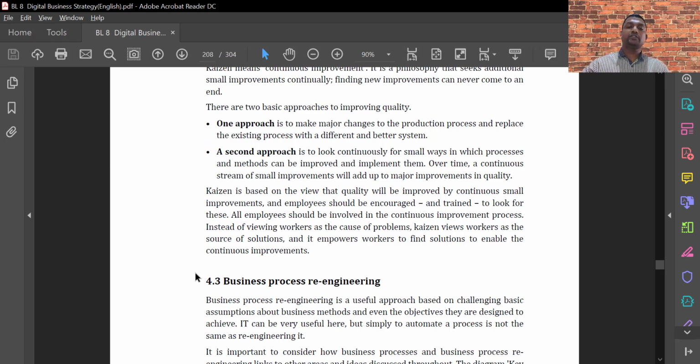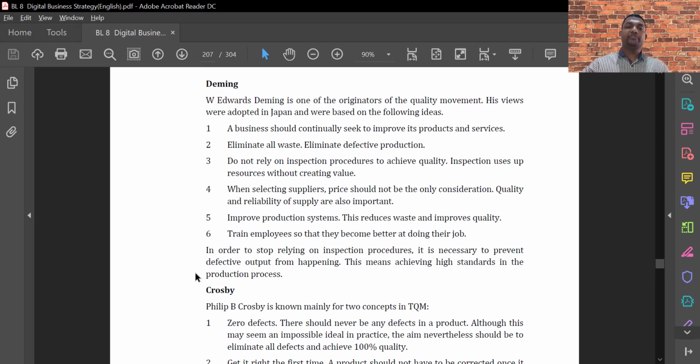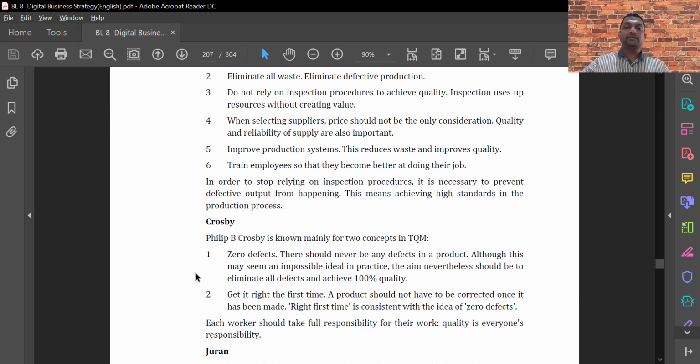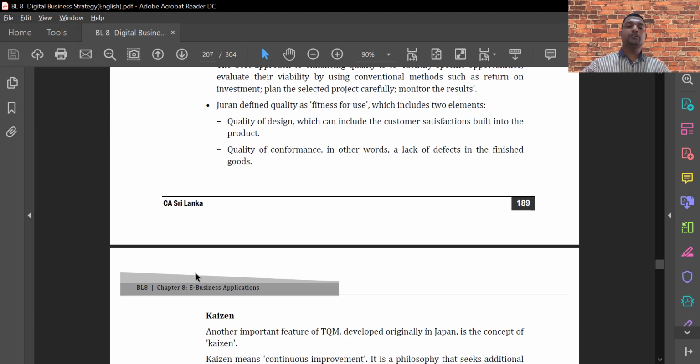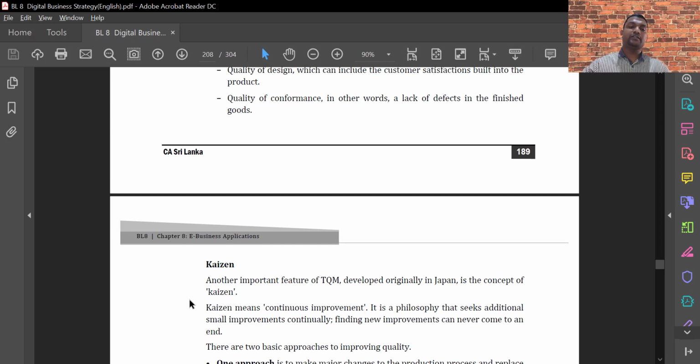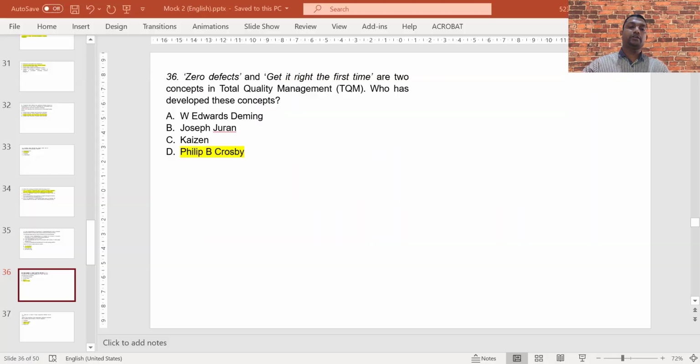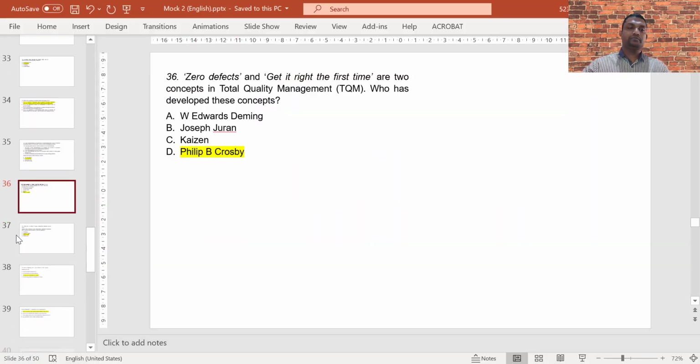So that is also explained. There are different views here, so it's better to study all of them, because you may get questions from the other methods as well. So for this question, Philip Crosby is the one who introduced the concept zero defects and get it right the first time. So Philip Crosby is the answer.